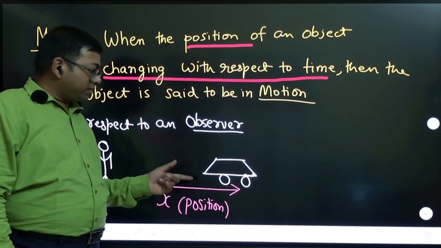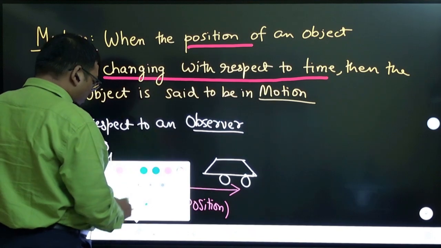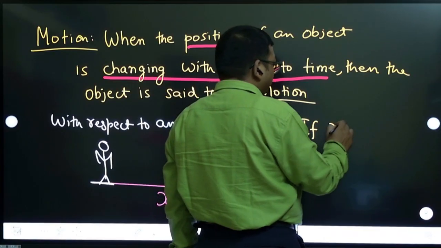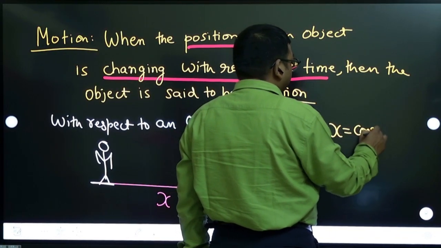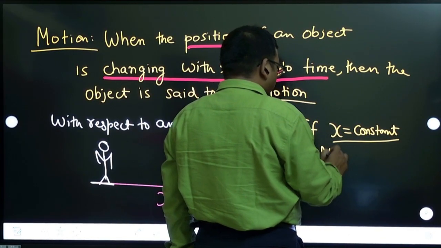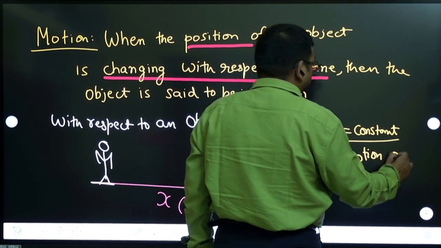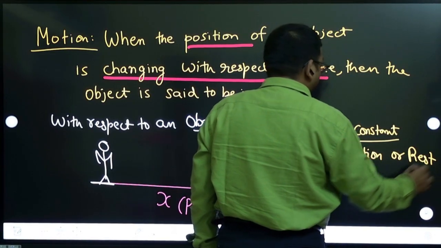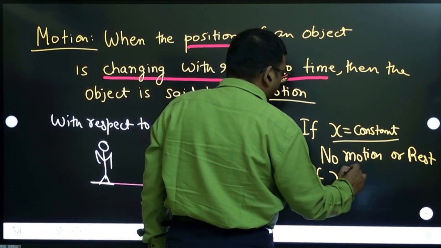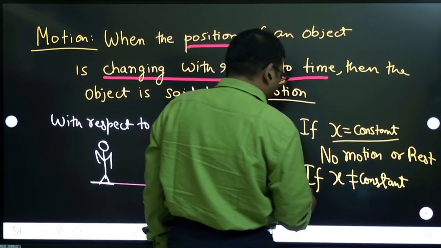If x is not changing, then it is at rest, it is not moving. So if x is constant, then no motion, or rest. And if x is not constant, then motion.